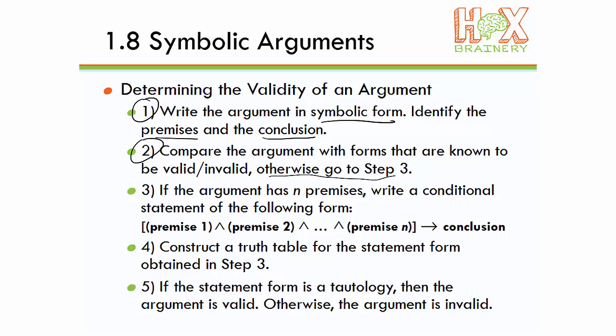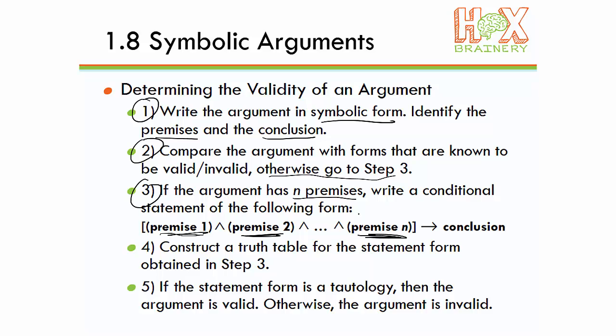Otherwise, you're going to go to step 3. So if it's not one of the ones listed in the slides above, then you're going to go to step 3. And step 3 says if the argument has n premises, you're going to write a conditional statement of the following form. You're basically going to do premise 1 and premise 2 and so on until you get to the end and premise n. So you're going to take all your premises and put the conjunctions, the ands, between them.